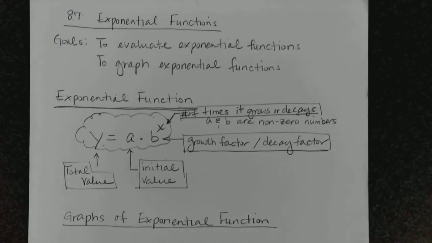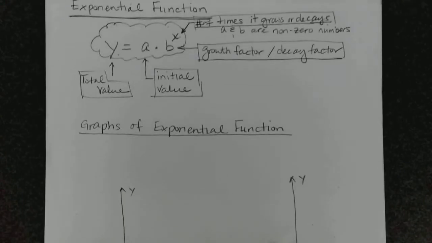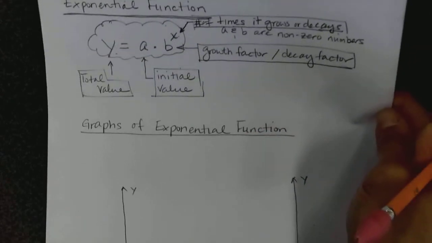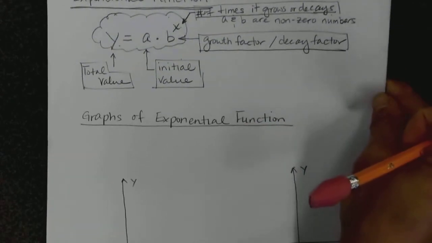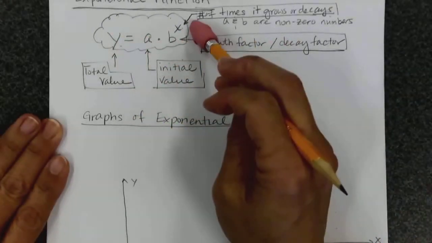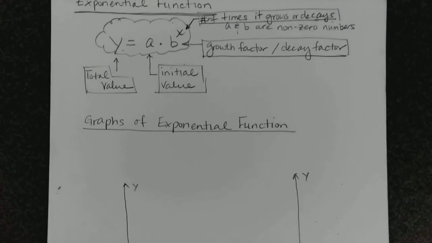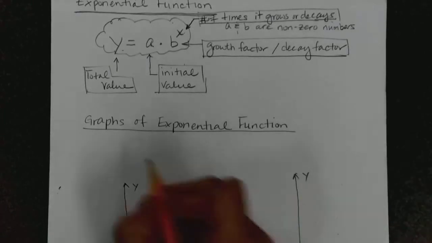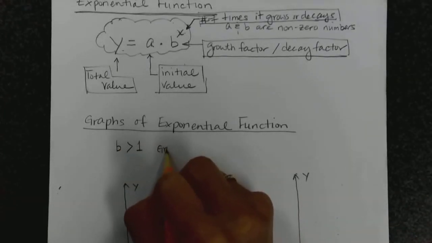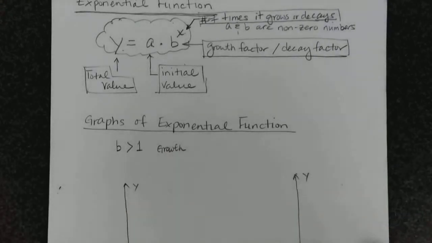So let's talk about the graph of the exponential function first before we go into some examples of how to evaluate and how to graph. In this equation, y equals a times b to the x, our b value will determine what the graph will look like. Is it a growth or a decay? So if b is greater than 1, this is called a growth factor, because something grows.